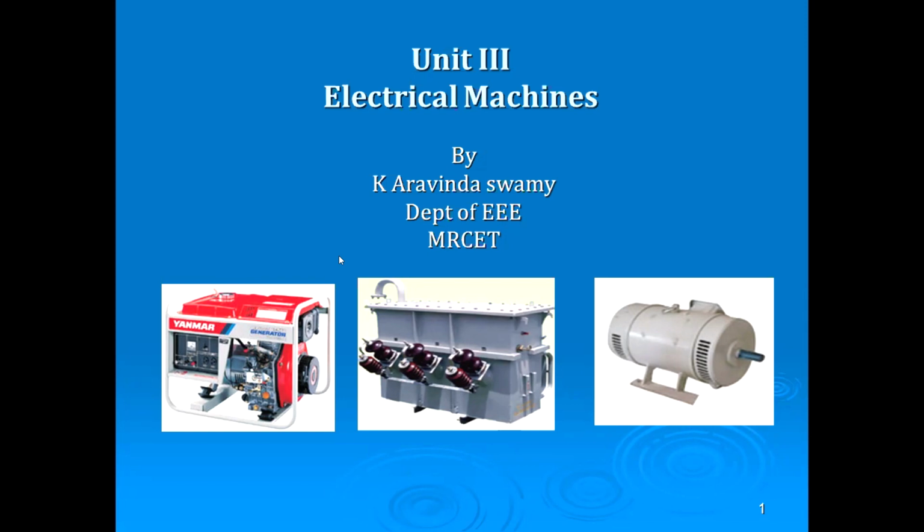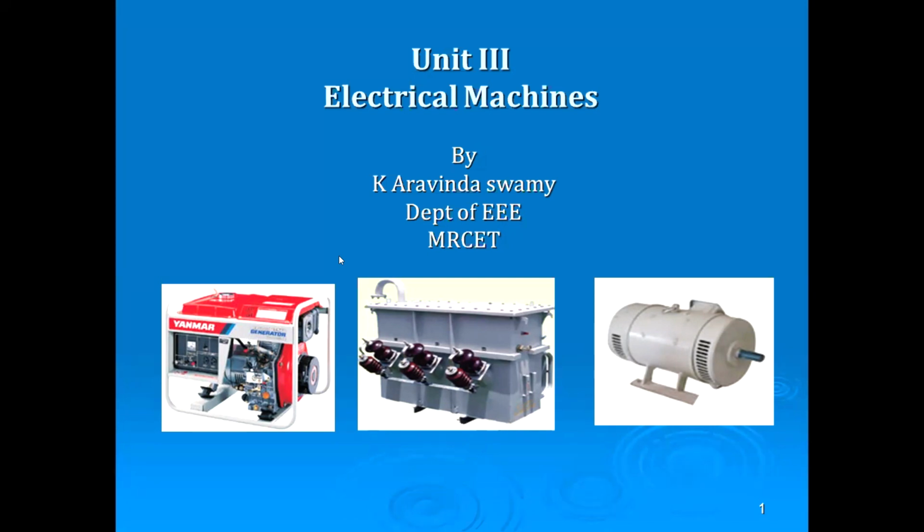Suppose you are generating the power at Kottagudem thermal power station, then we give that power to the Khammam grid. From that grid, the power is distributed to the various substations, and from those substations it comes to the local area transformers. From there it comes to the distribution lines and reaches your homes.